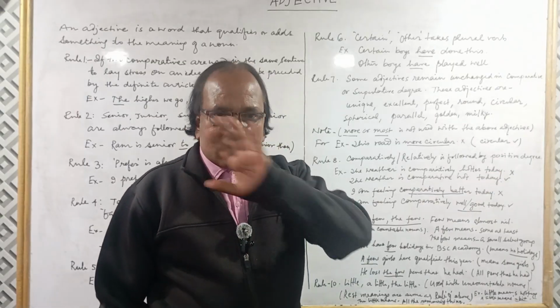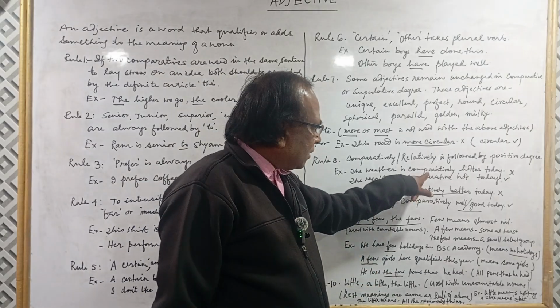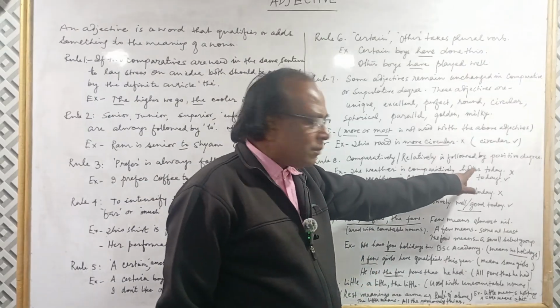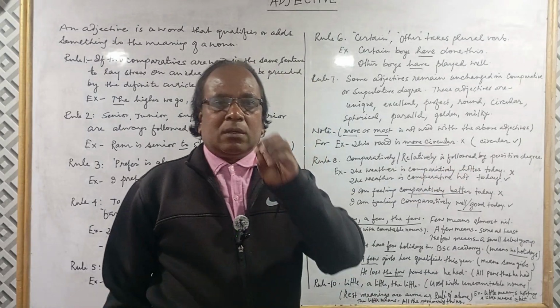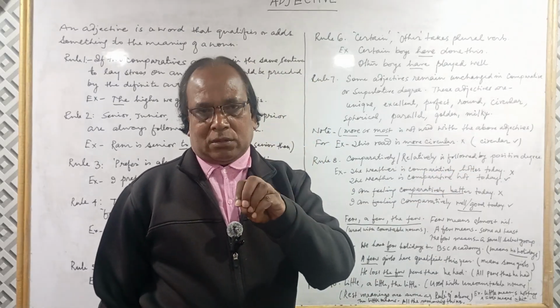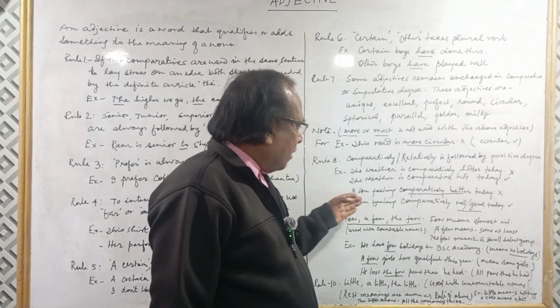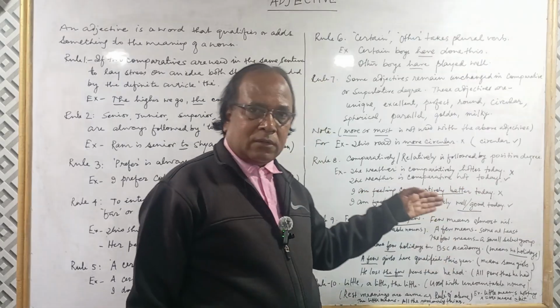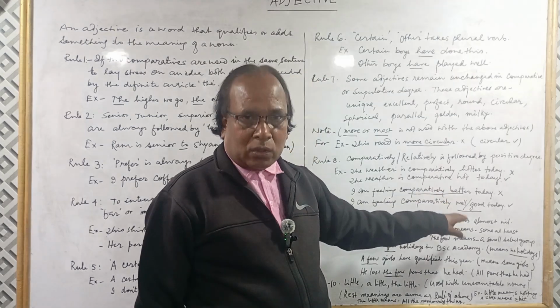This is a wrong expression, grammatically incorrect. Here, comparatively is comparative degree, hotter is also comparative. So hotter should be replaced with hot, a positive degree word. Next example: I am feeling comparatively better today. Here also, better should be replaced with well or good.